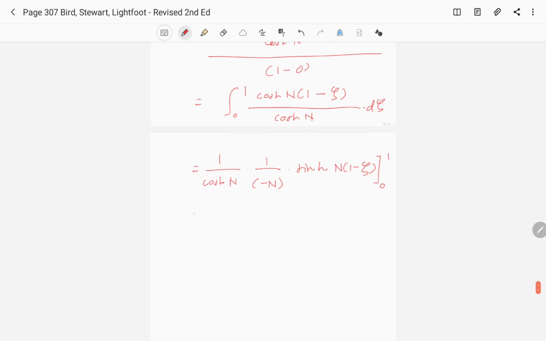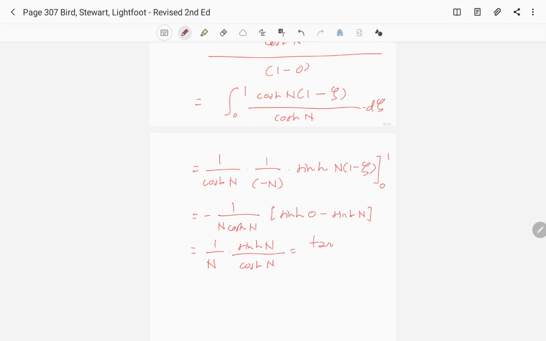Okay, and this will be equal to 1 over n cosh n times (sinh 0 minus sinh n). Then this will be 1 over n, sinh n divided by cosh n.